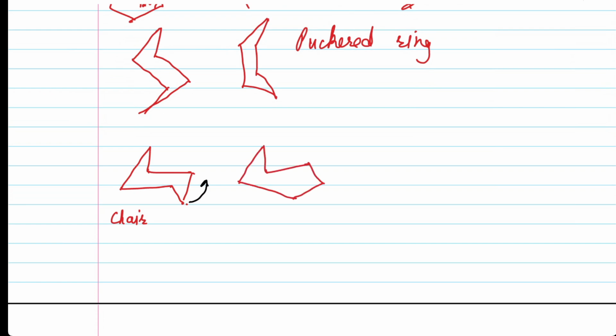This structure can be termed the half chair. When the structure moves further up, it converts to this particular structure, which is what we term the boat structure.